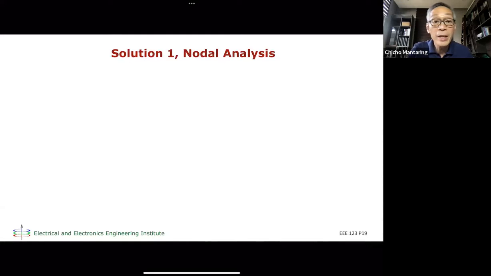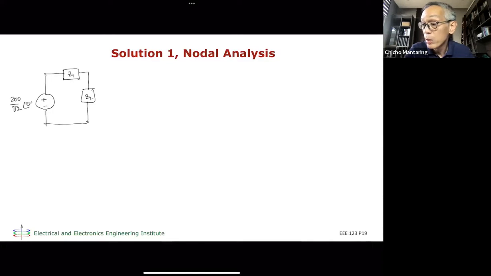Okay. So let me redraw my circuit. So this is 200 over the square root of 2 at an angle of 0 degrees. This is Z1, Z2, Z3. Here is my I1, this is I2, this is my I3.